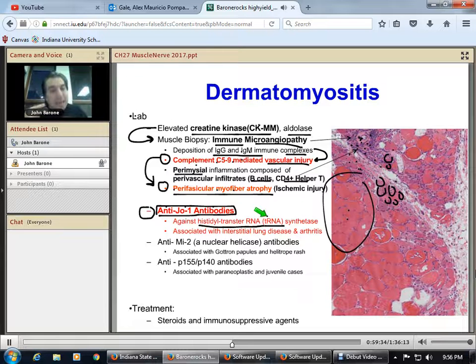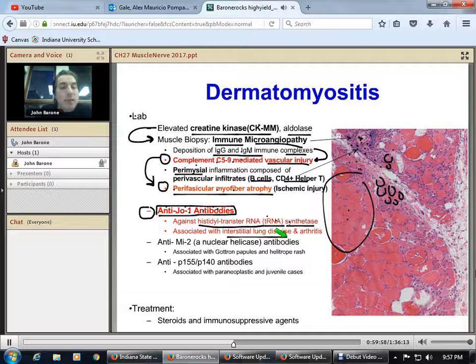That's the enzyme that loads histidine on the transfer RNA. So let me repeat it one more time to make sure this is clear. This is an antibody against the enzyme, the synthetase, that loads the amino acid. So it's an enzyme that loads it. It loads the tRNA, transfer RNA. So that's what you're making antibodies against.